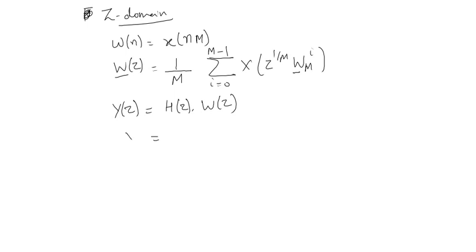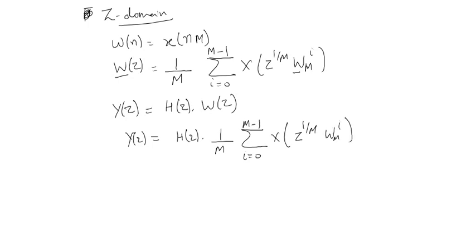If I substitute the value of W of z, this will be h of z multiplied by 1 upon m, summation i equals 0 to m minus 1, x of z to the power 1 upon m, W_m to the power i. Is it clear? Okay, that's fine.